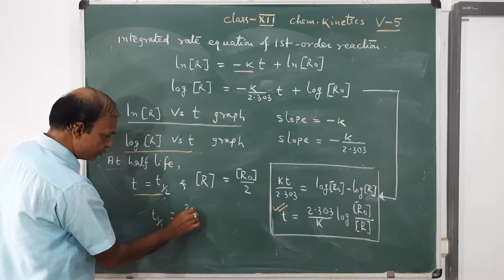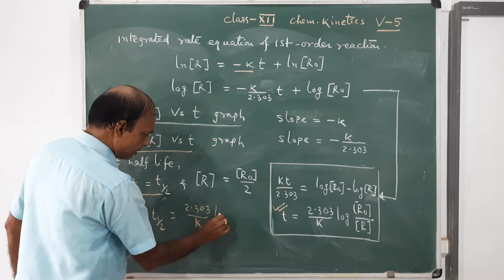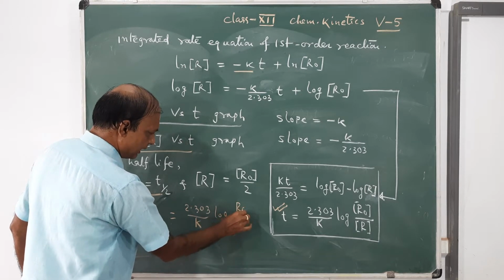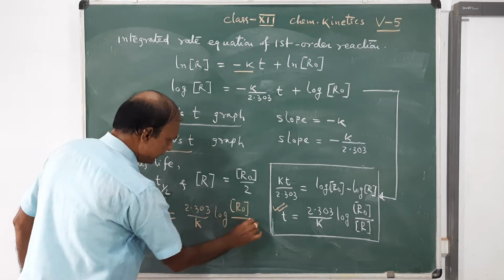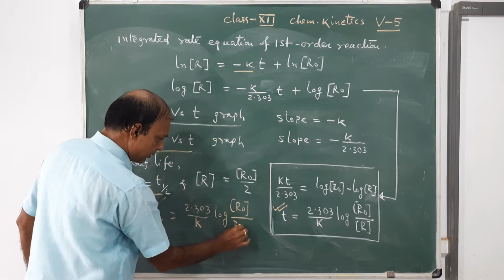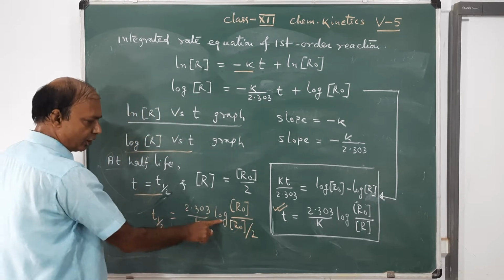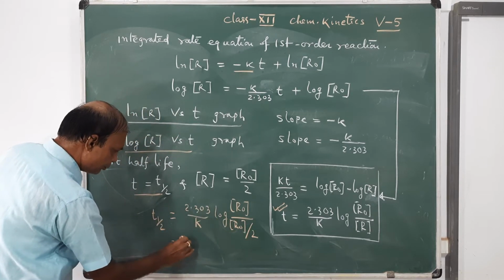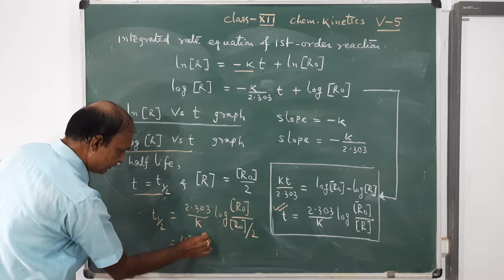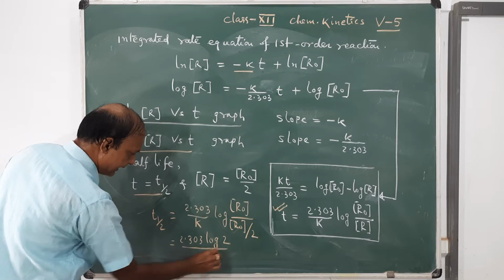This is equal to 2.303 by k log R naught by, in place of R you write R naught by 2. So you are getting log 2. This is equal to 2.303 log 2 by k.